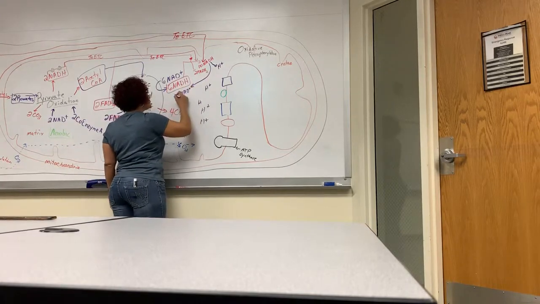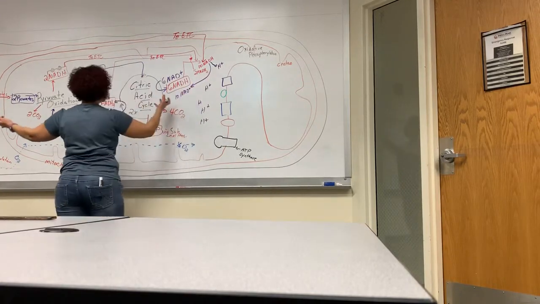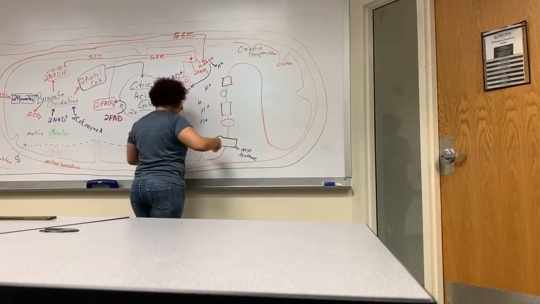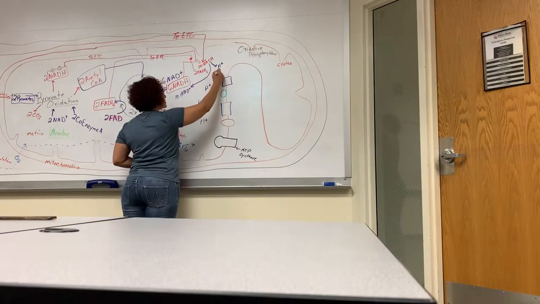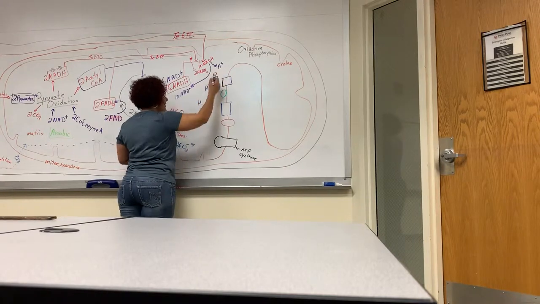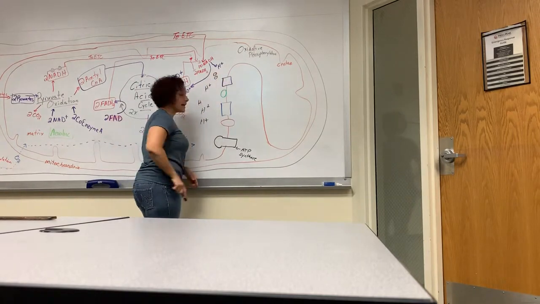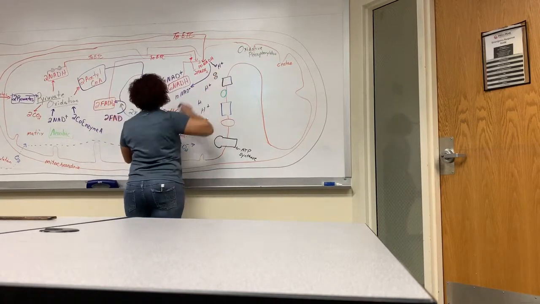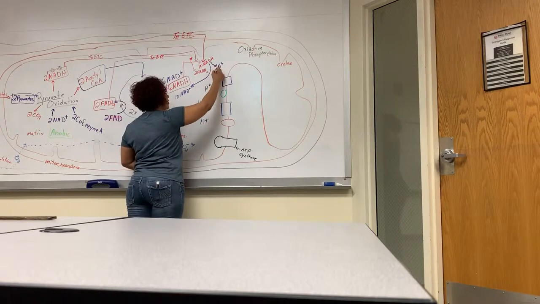NAD pluses, 10 of them, they're just going to go back over here. They're going to be needed. And then you have electrons, which I should be doing in black. Electrons get released, boom. And by the way, these electrons are high energy.